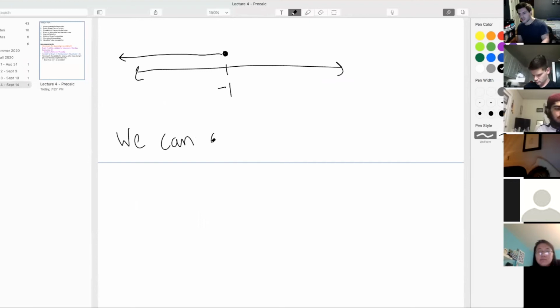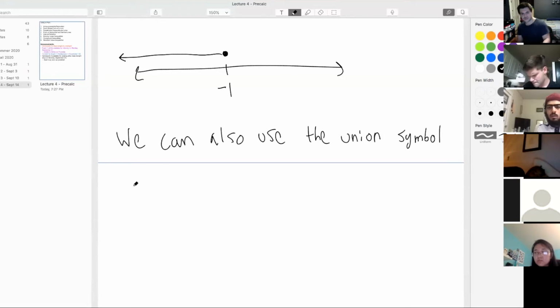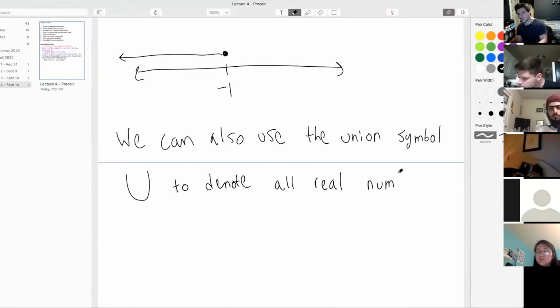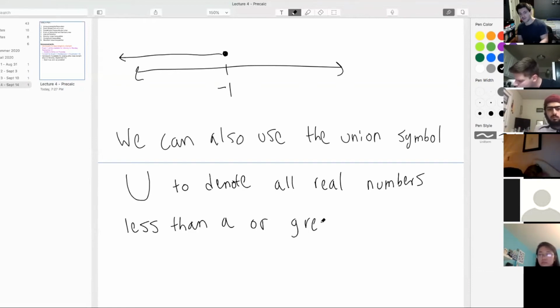So we can also use the union symbol, which pretty much just looks like a U, to denote all real numbers less than A, or greater than B. What is meant by denote?